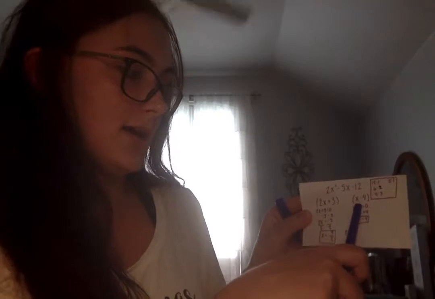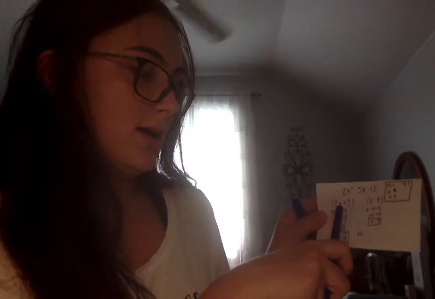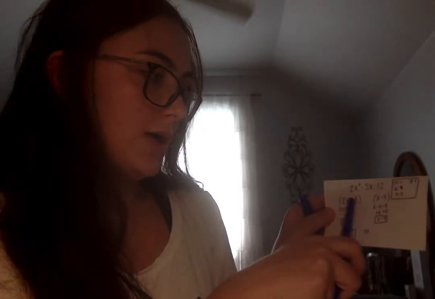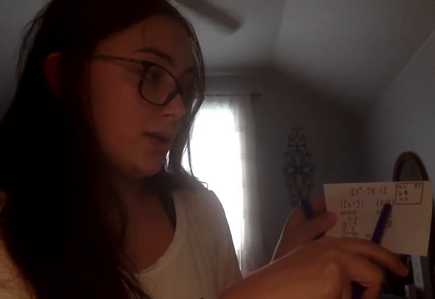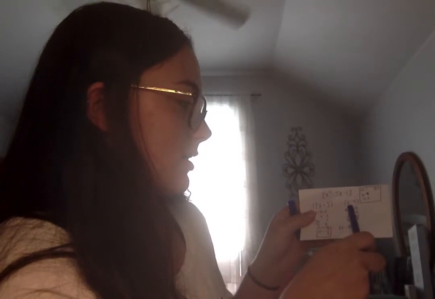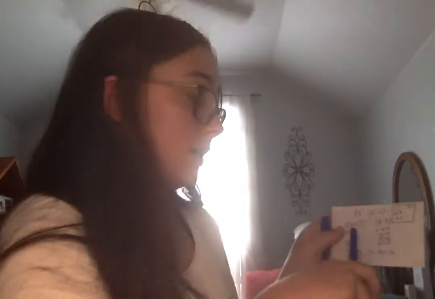So when you do 2x times x, you get that 2x squared. And then you multiply 2x again by the -4, so 2x times -4 will give you -8x. And then here, +3 times x would be plus 3x, and then the 3 and the -4 will give you that -12.